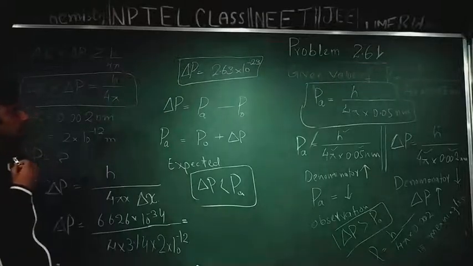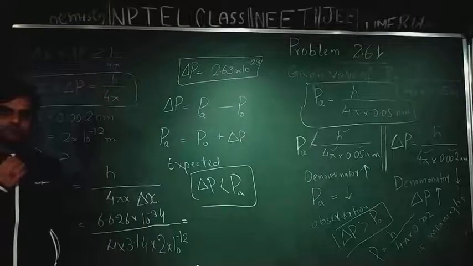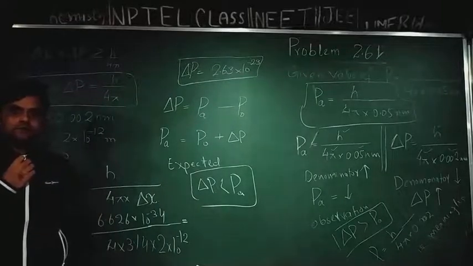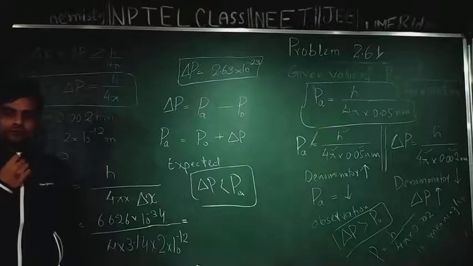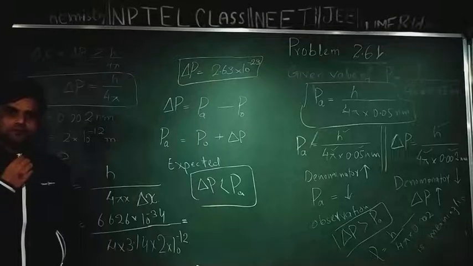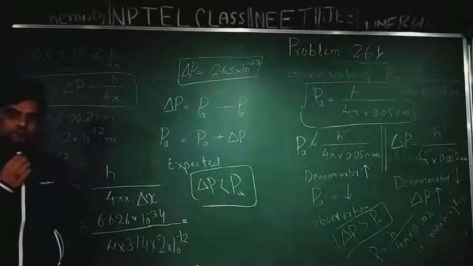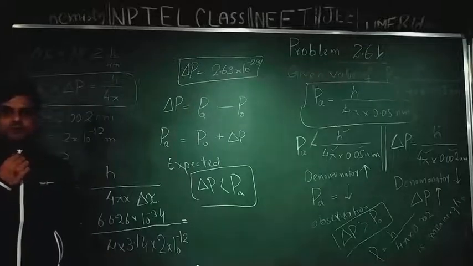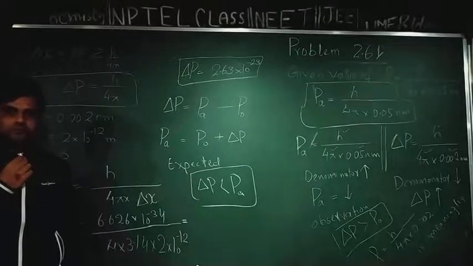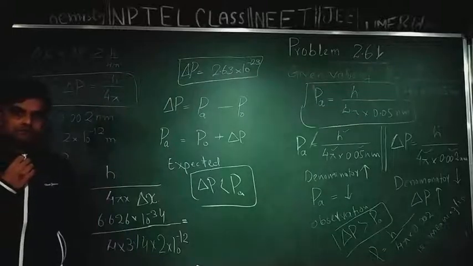This is the consequence of the Heisenberg uncertainty principle on Bohr's model of the atom, that it contradicts the word fixed used by Bohr in his model, and the word fixed is replaced by the word probable in the new model of the atom, that is the quantum mechanical model or wave mechanical model of the atom, which is primarily based on the dual matter wave, the dual character of the electron, and the Heisenberg uncertainty principle.